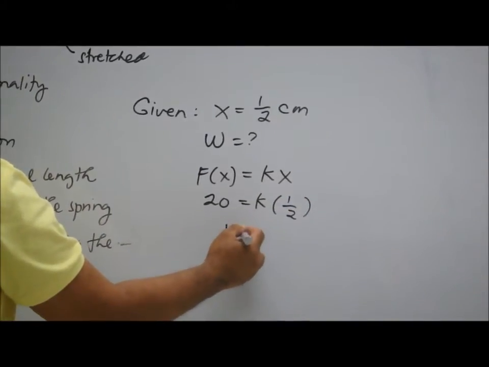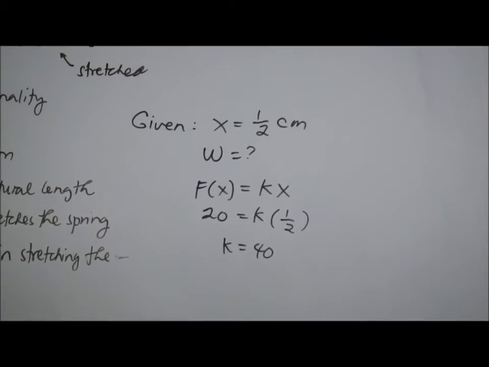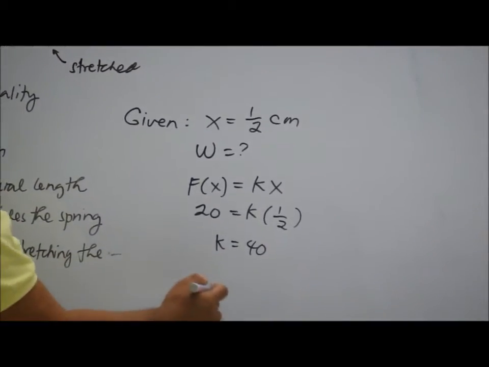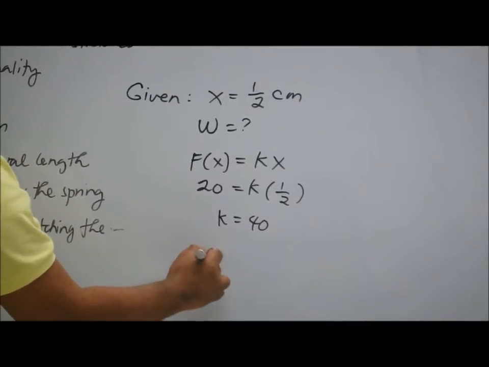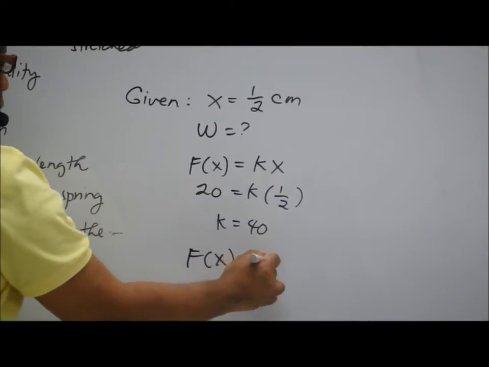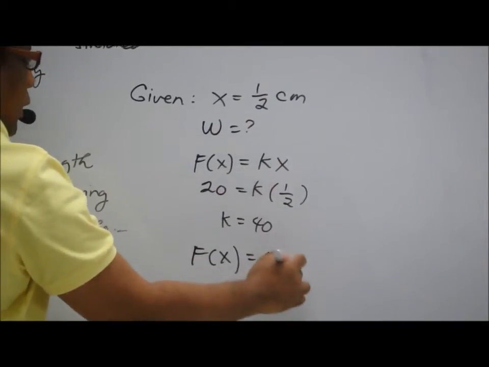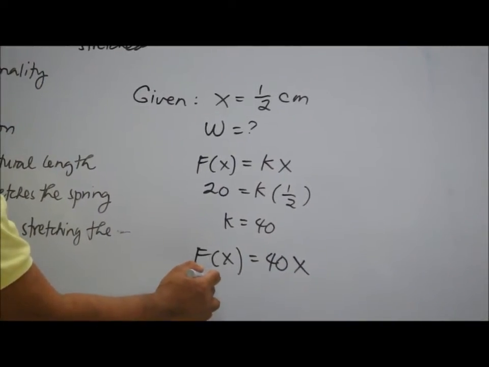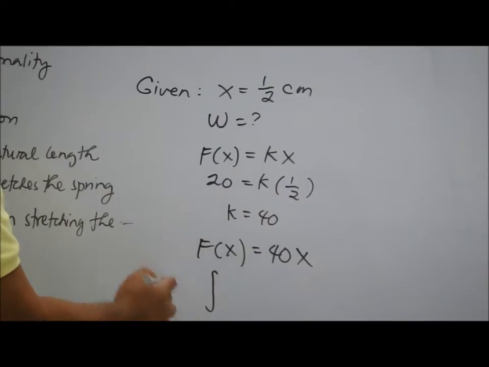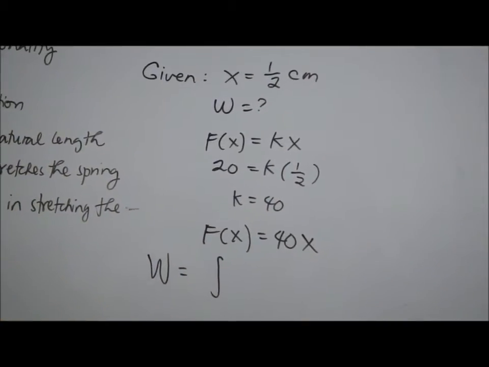So solving now for k, this is 40. Then, using the formula, f of x equals 40x, because k is 40. So this is now the integrand that we're going to use to find the work done in stretching the spring from 8 cm to 11 cm.